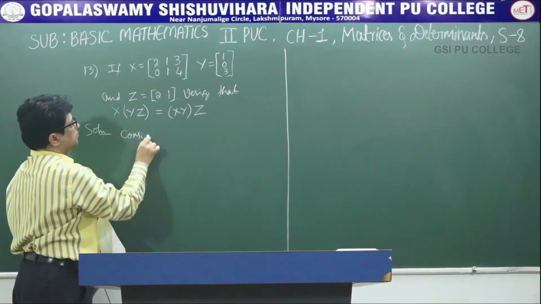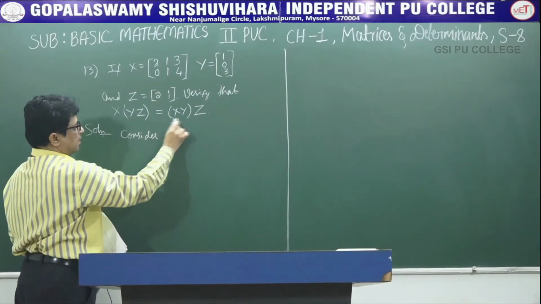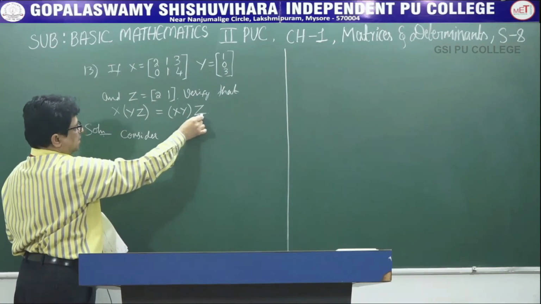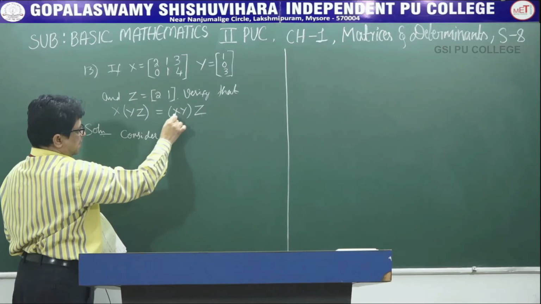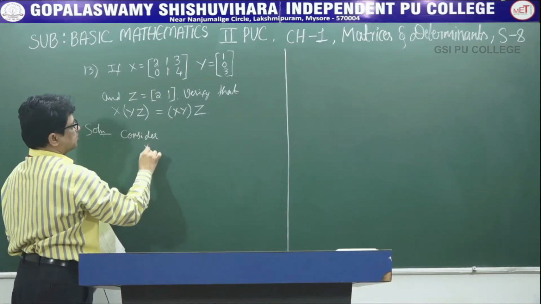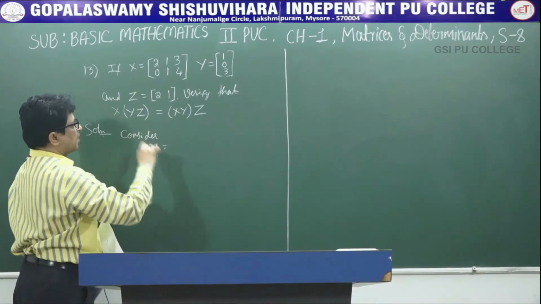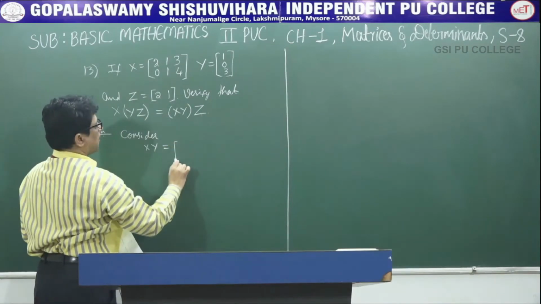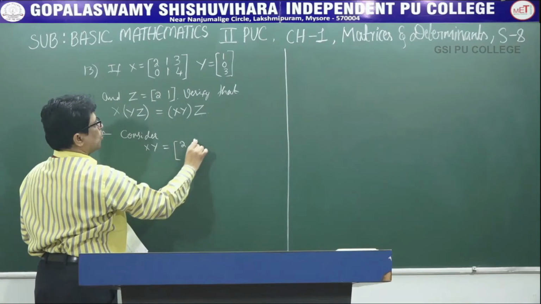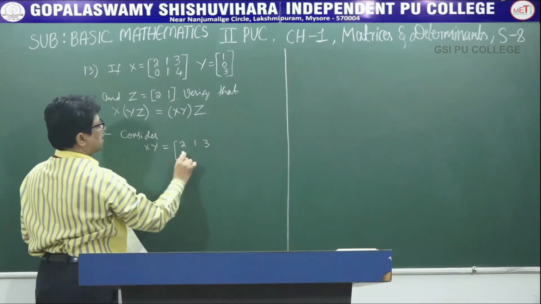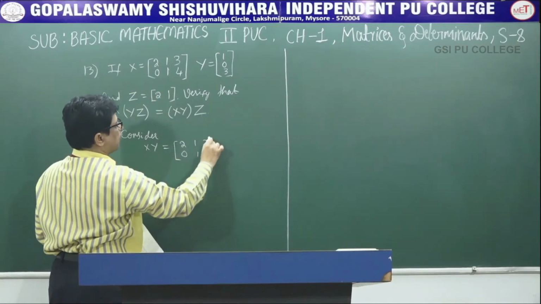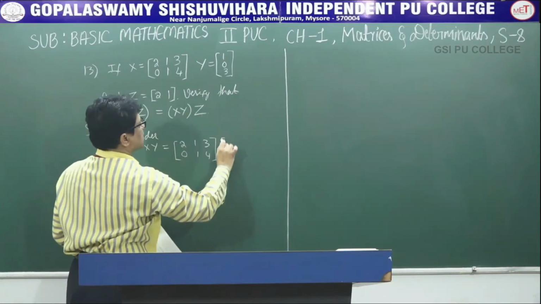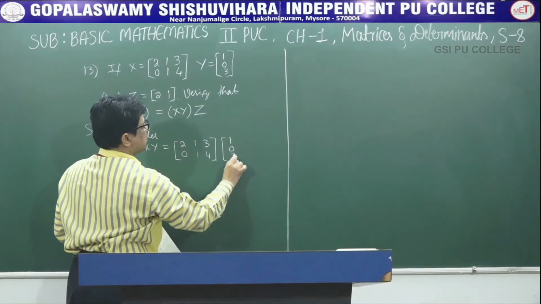Consider the RHS part, that is XY into Z. Here let us consider XY. So XY equals matrix X, [2, 1, 3; 0, 1, 4] into Y. The Y matrix is [1; 0; 3].